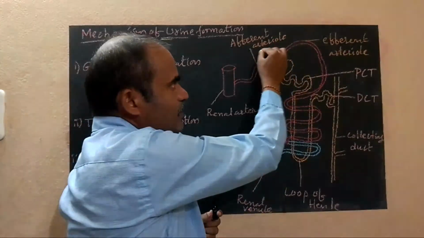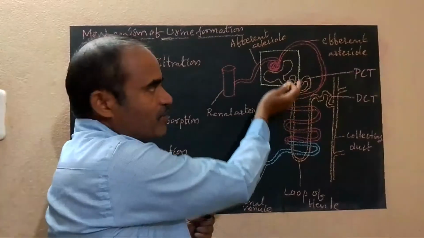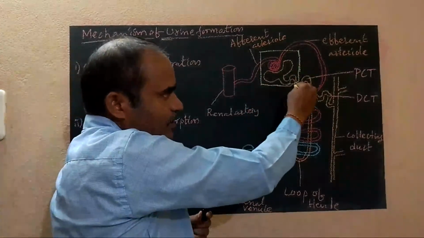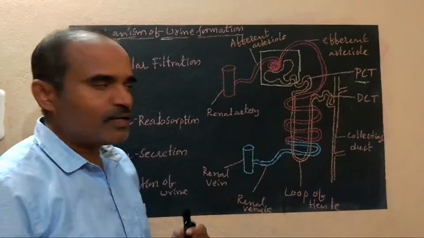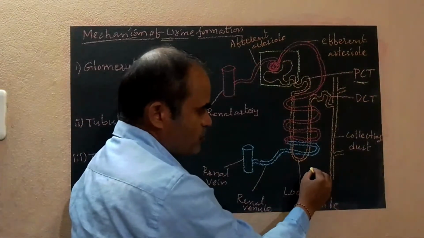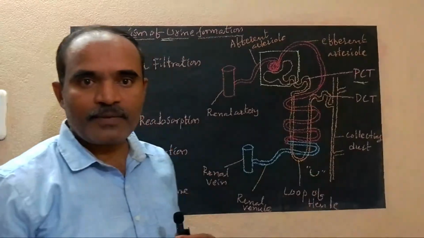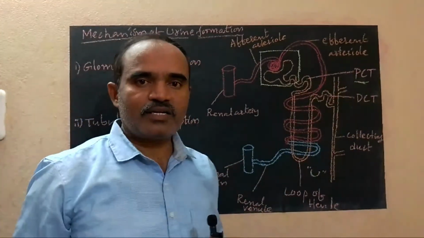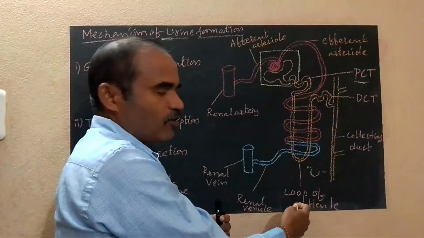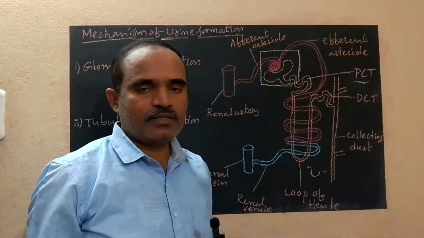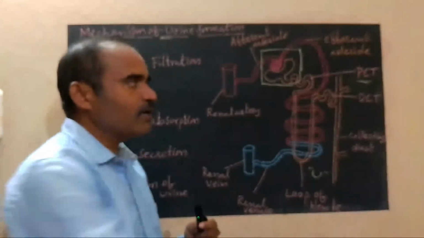Glomerulus and Bowman's capsule together constitute the Malpighian body, and the remaining tubular structure is called the renal tubule, which consists of three parts: PCT, the proximal convoluted tubule; the loop of Henle, a U-shaped structure; and DCT, the distal convoluted tubule.